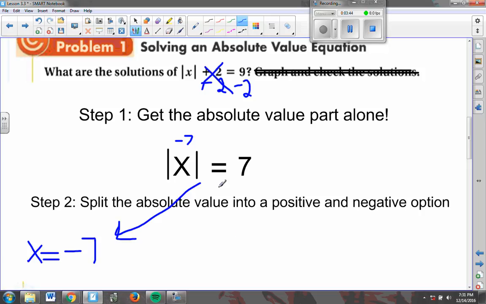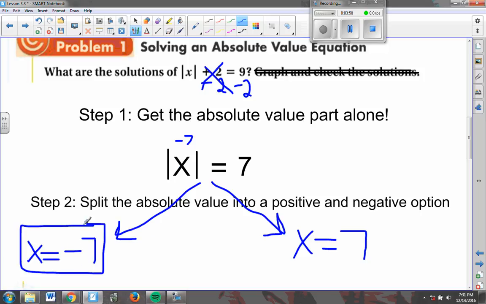Or my other option is that x equals positive 7, because the absolute value of 7 is 7. So my two answers are x equals negative 7 and x equals positive 7. Every absolute value problem should have two answers.